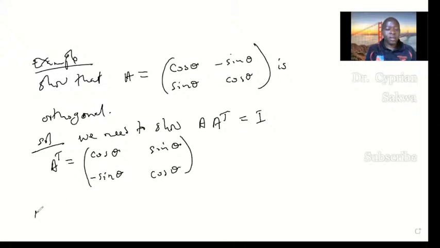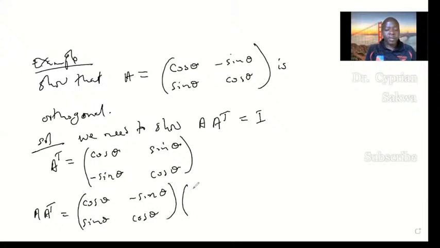So what is A times A transpose? It will be cos theta, negative sine theta, sine theta, cos theta, multiplied by this transpose, which is cos theta, sin theta, negative sin theta, cos theta.